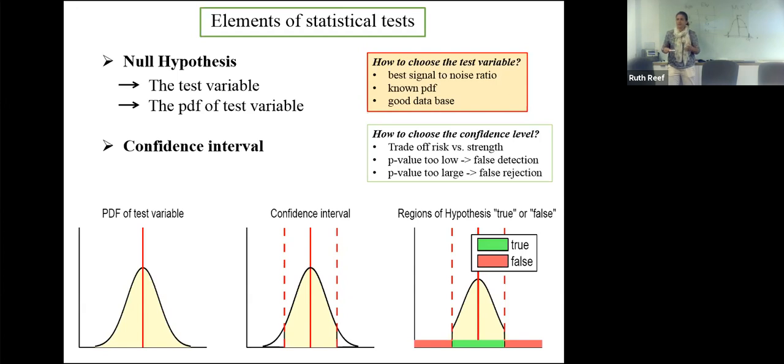If the full integration is 1, we're looking at that 0.95 sum of the integration, either one-sided or two-sided. It's going to be two-sided. So we have a region where the hypothesis is true, so we can't reject H0, or is false. So H0 can be rejected. So those are the regions of true and false that depend on the PDF of the test variable. Okay, so this is how the PDF, the probability, the p-value comes into play.